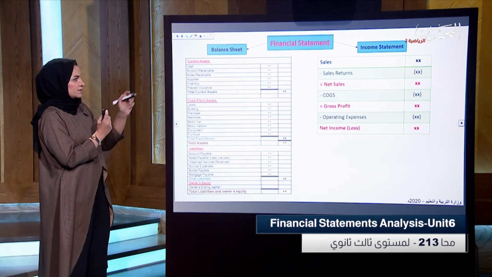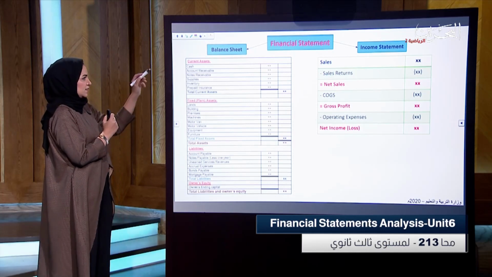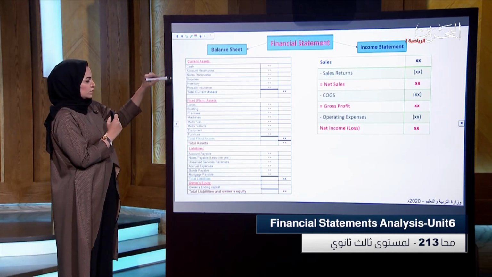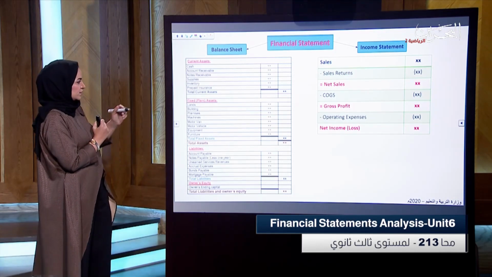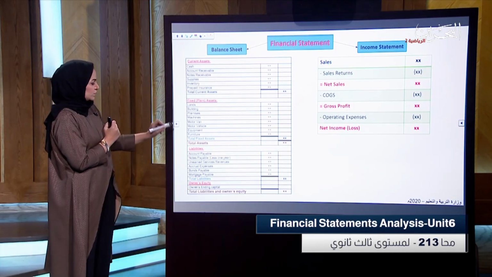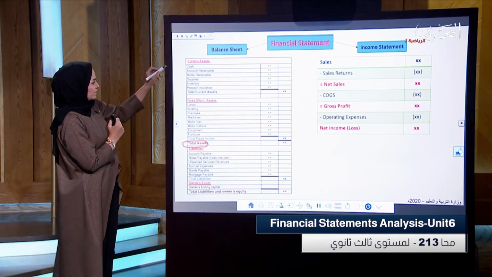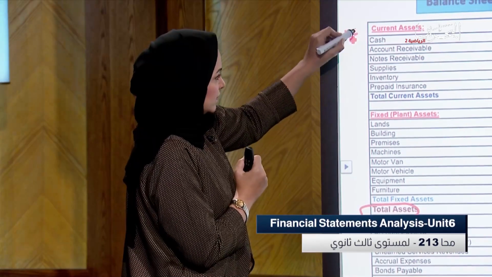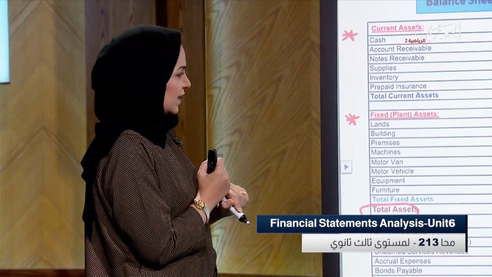We already learned the balance sheet in account 111. What does balance sheet mean? Balance sheet, total assets equal total liabilities and owner's equity. Okay, so total assets, we have current assets and fixed assets equal total assets.